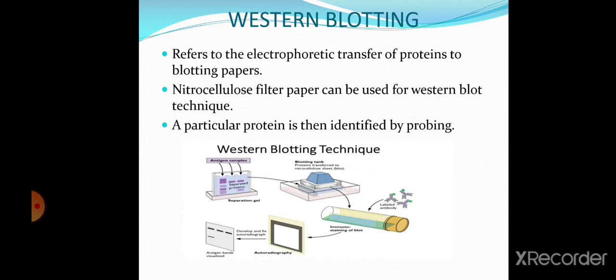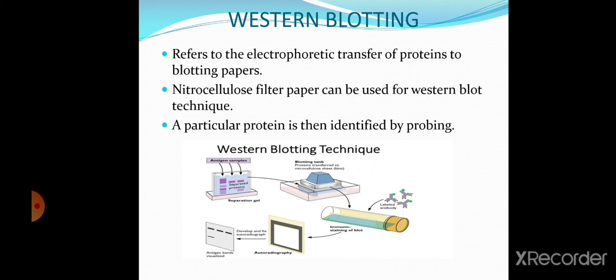Western blot. What is Western blot? Western blot is the electrophoretic transfer of protein to nitrocellulose membrane. Here it refers to electrophoretic transfer using electricity, of protein to blotting paper. Nitrocellulose filter paper can be used for the Western blot technique.